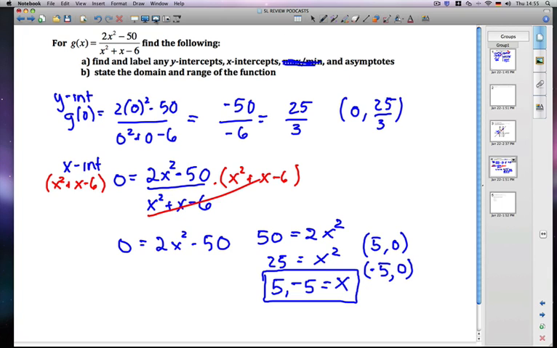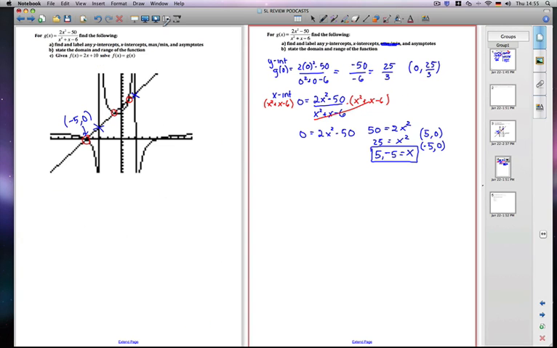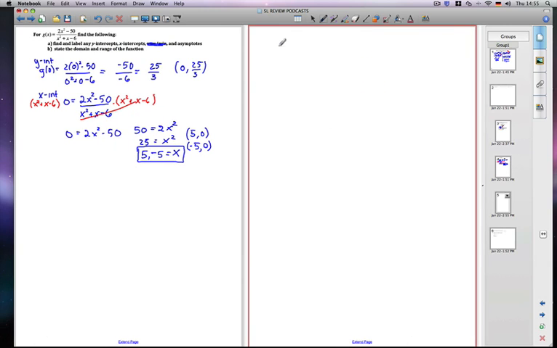Next, the problem asks us for the asymptotes. The asymptotes are either vertical or horizontal. Let's start with the vertical, which I always find a bit easier. You can't divide by 0, so there's only one thing to look at: the denominator, x squared plus x minus 6.